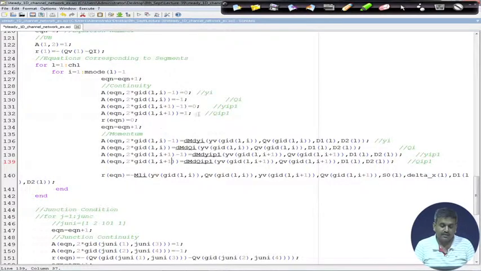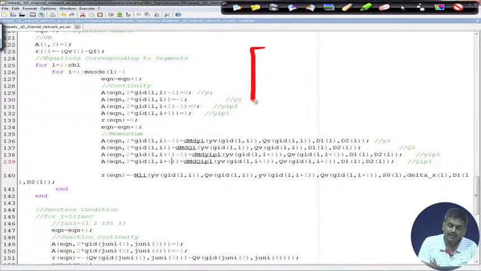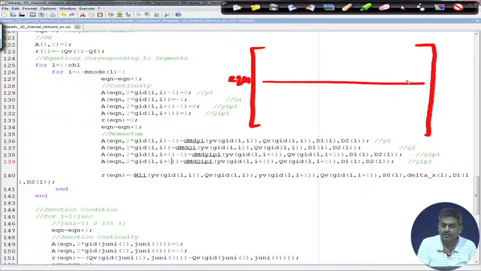For any equation number, this Jacobian matrix will have entries corresponding to that equation number. The first entry is corresponding to 2 into GID Li minus 1.